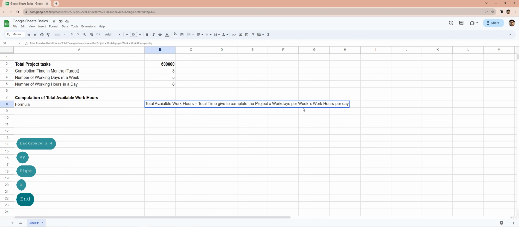So work days per week would be 5 days, and work hours per day would be 8 hours.